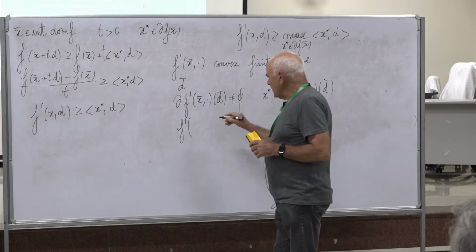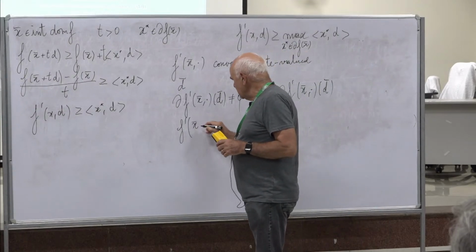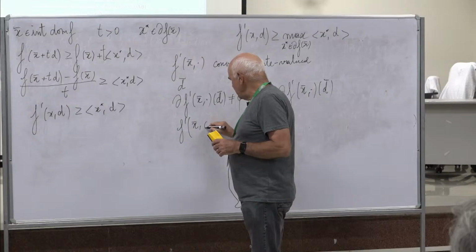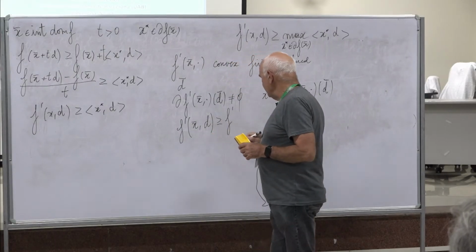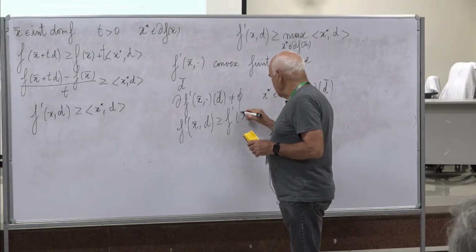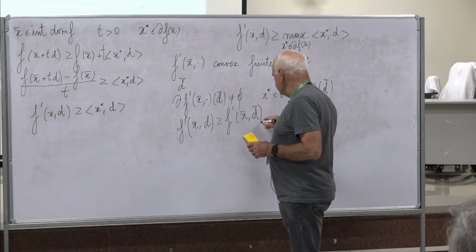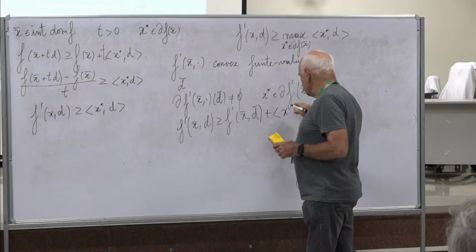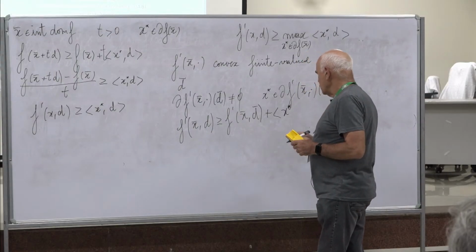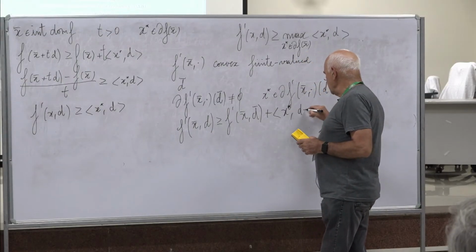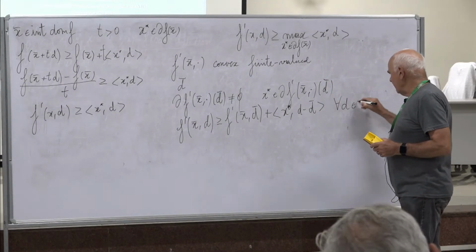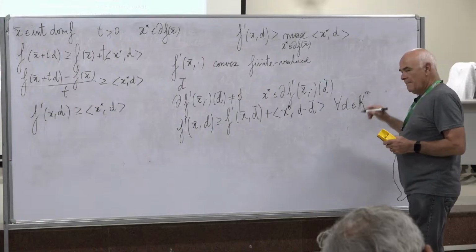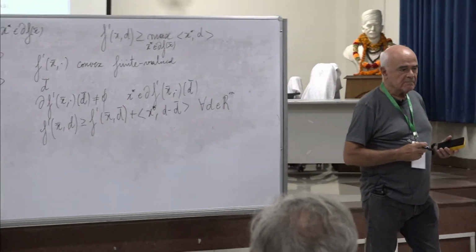Now the subgradient inequality tells us that f'(x bar, d) is greater than or equal to f'(x bar, d bar) plus x star (d minus d bar) for every d in Rn. Do you agree?